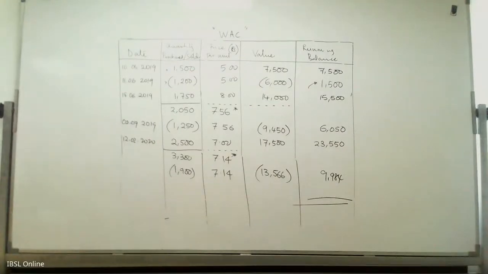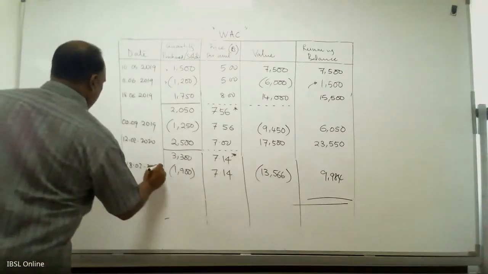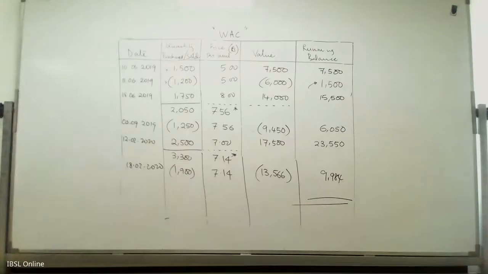This is on 18th February. Okay. So this is how you do the stock valuation when it comes to using the weighted average cost method. So you can ask any question you have.